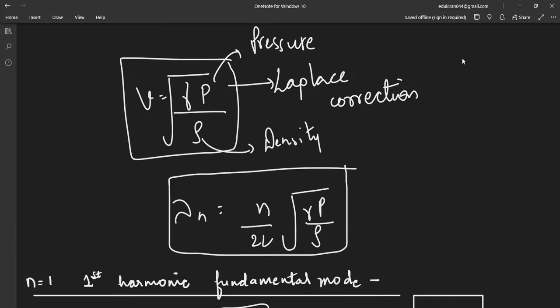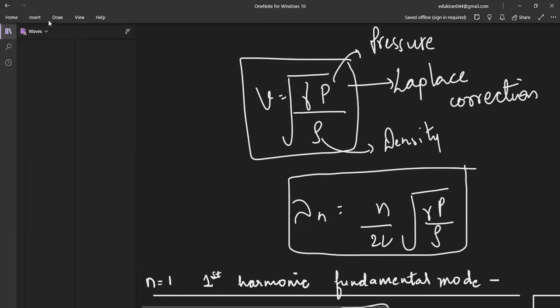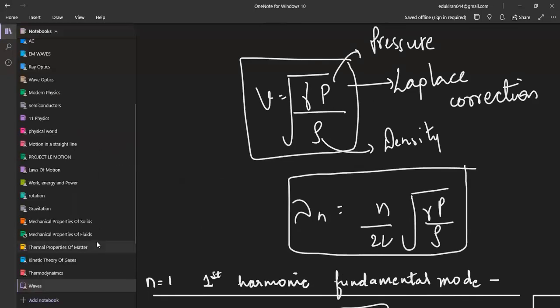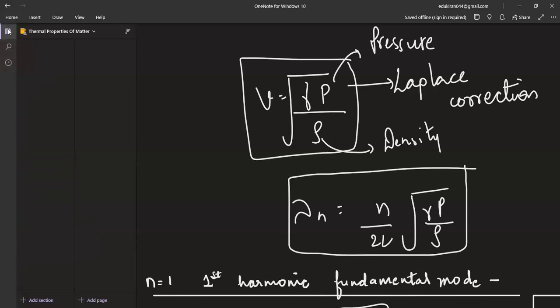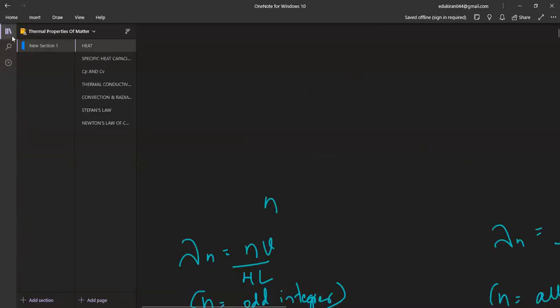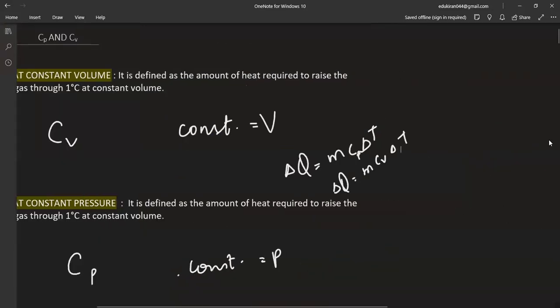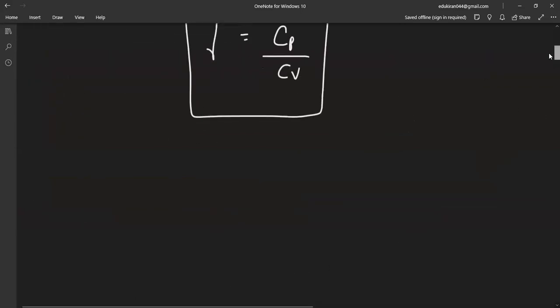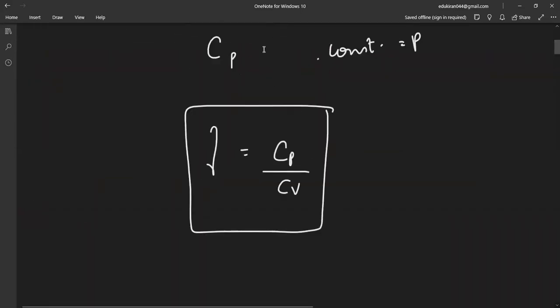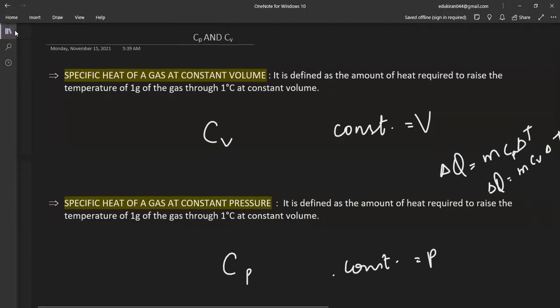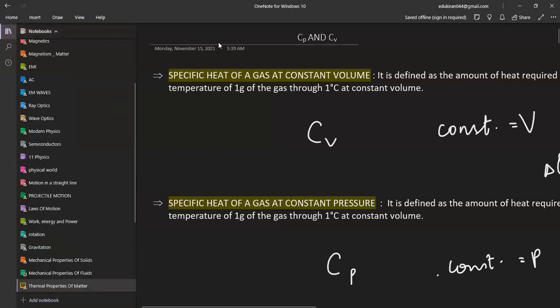This is not the coefficient of volume expansion. Let me just show you. It's a constant, Cp over Cv. This is the gamma that we had done in the thermal unit. Okay, Harsha? Okay.